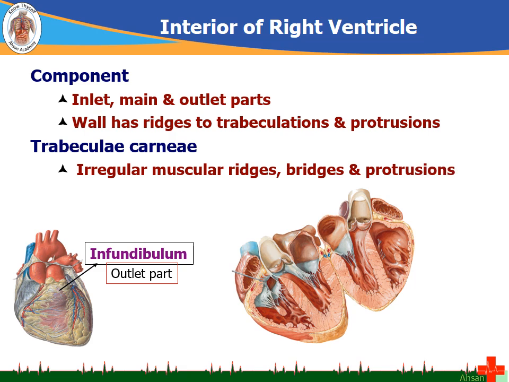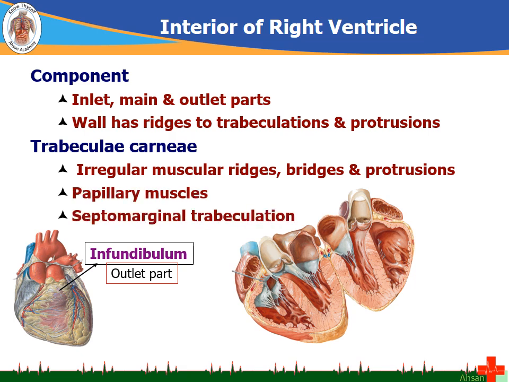These are irregular muscular ridges, bridges, or protrusions. Ridge means the total area is elevated. Bridge means two ends of the elevation are fixed but the mid part is free, and protrusion means one base is attached and the apex is free. Papillary muscle and the septomarginal trabecula will be discussed in detail here.